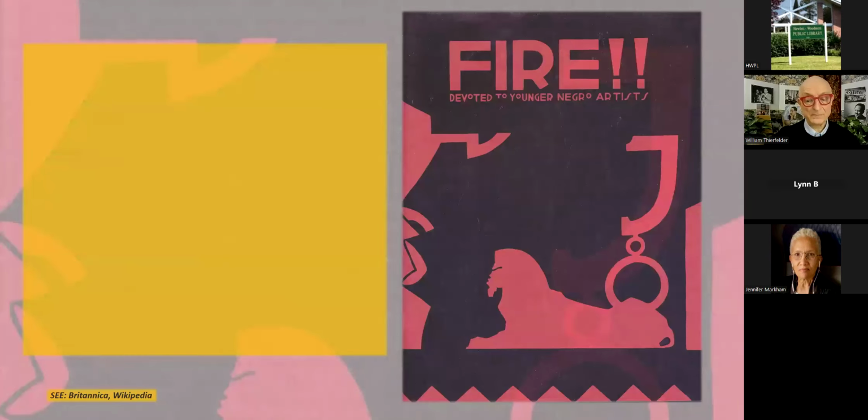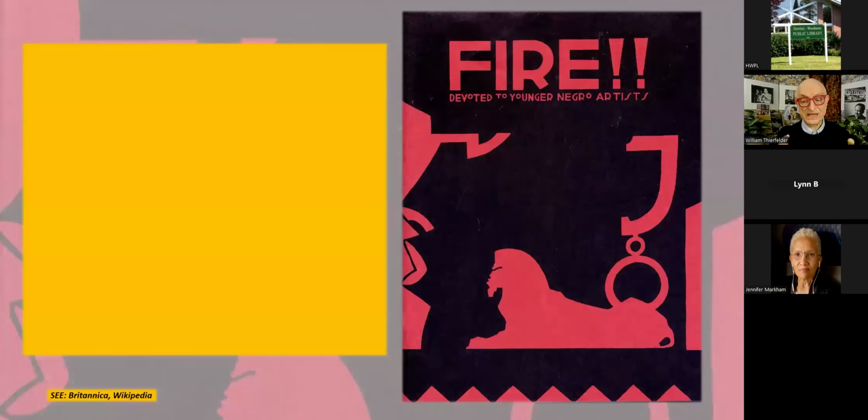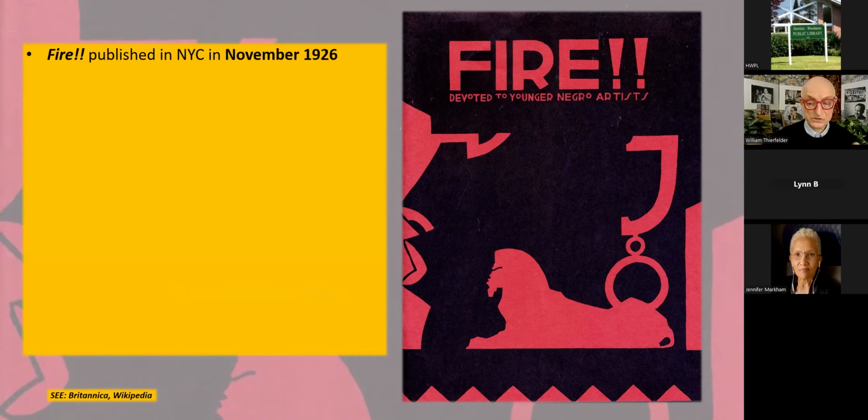Now, another publication that is seen as seminal to the Renaissance is a publication called Fire. One word, two exclamation points. And there you see the front cover on your screen on the right. Well, Fire was published in New York City in November of 1926.